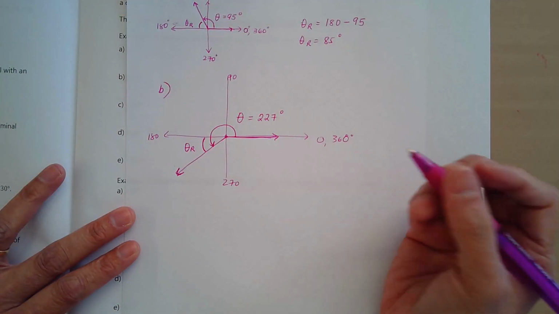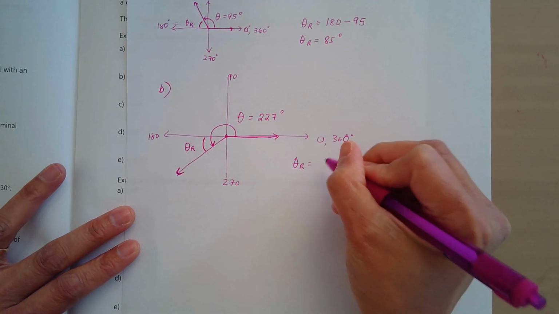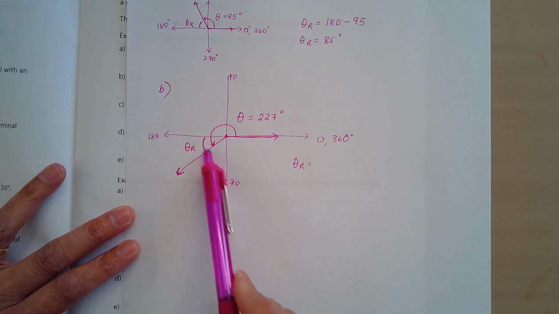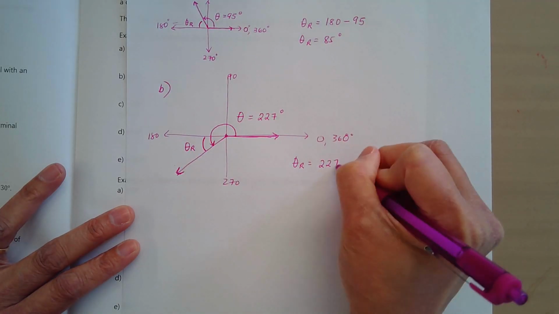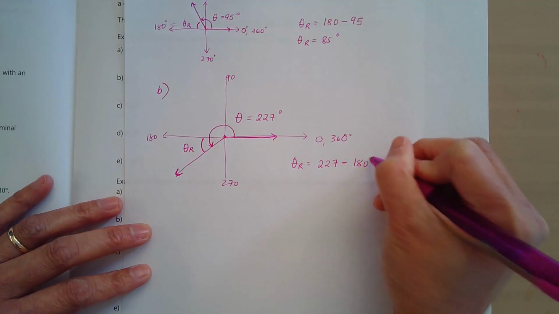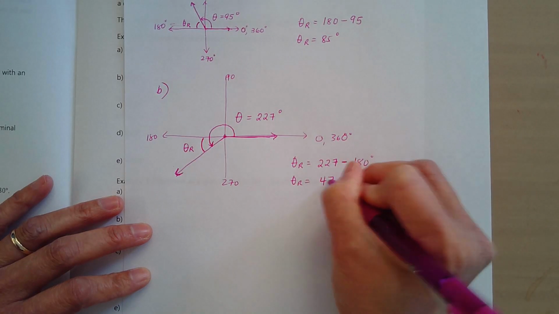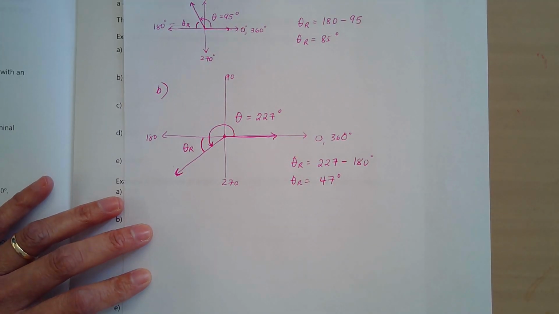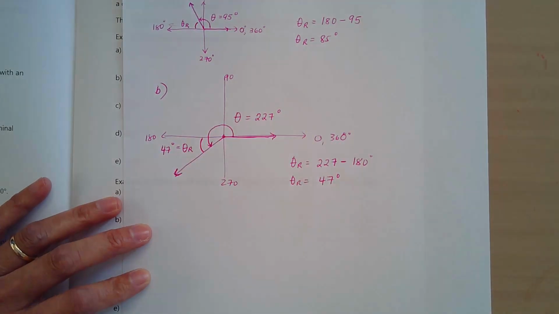You went all the way down to here, 227, and if we just subtract the 180 from that, we're going to end up with the reference angle. So 227 minus 180, we get 47 degrees. So theta r is 47 degrees.